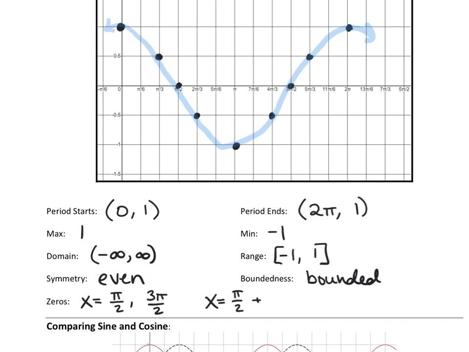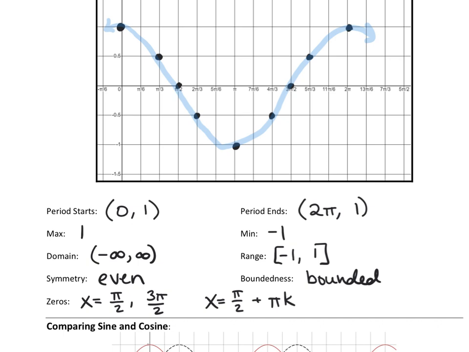Not as easy because we're not starting at 0, but what is the distance between this 0 and this 0? 2 pi over 2, which reduces to pi. So we would have to travel pi away from the first 0 to find the next one. And so we just keep multiplying that by some value k, and we're going to keep finding the different zeros.